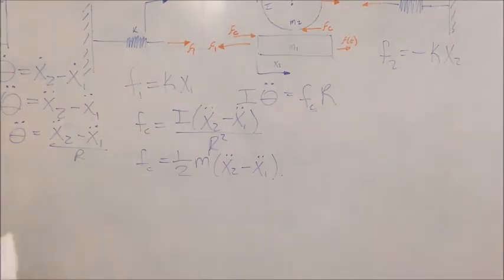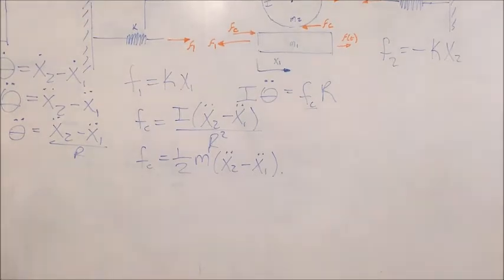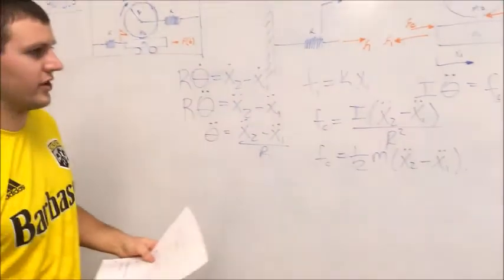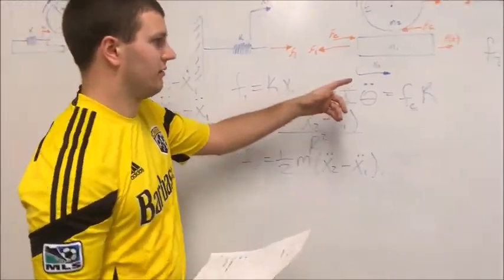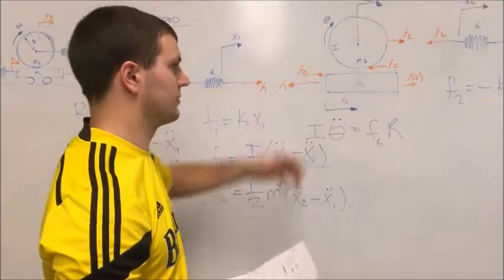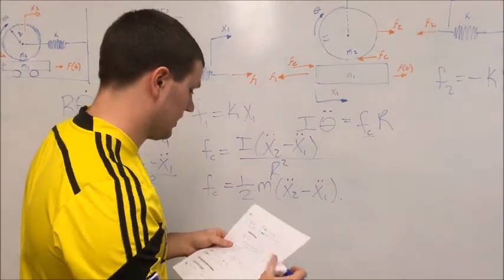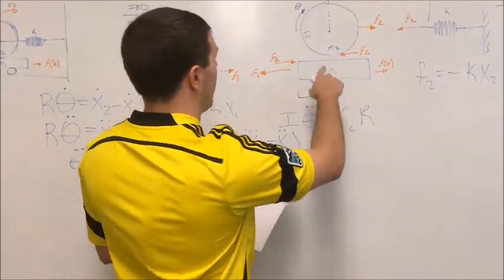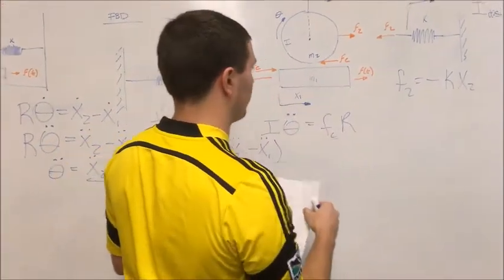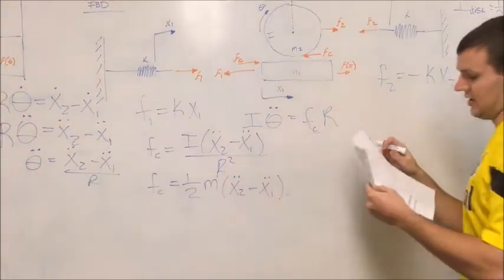And so that's good. So the next thing we'll do for this problem is find the equations of motion, which is basically our end goal. So we definitely want to do that next. Let's start off with M1. The equation of motion for M1 is going to be this.